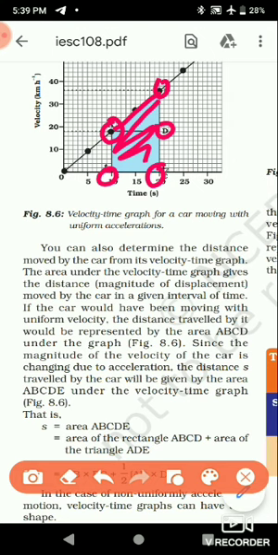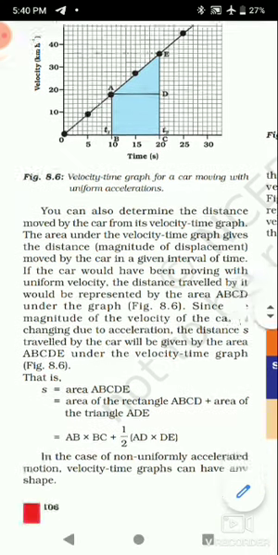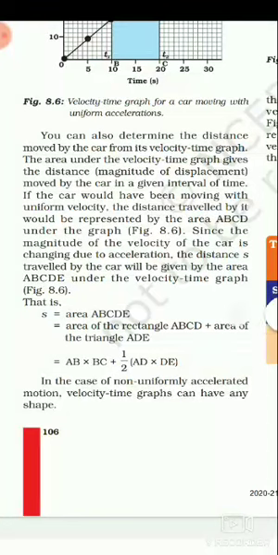The area can be obtained by dividing it into a rectangle, that is ABC, plus triangle ADE. So the area of the rectangle is AB into BC, and the area of the triangle is half AD into DE. In the case of non-uniformly accelerated motion, the velocity-time graph can have any shape.